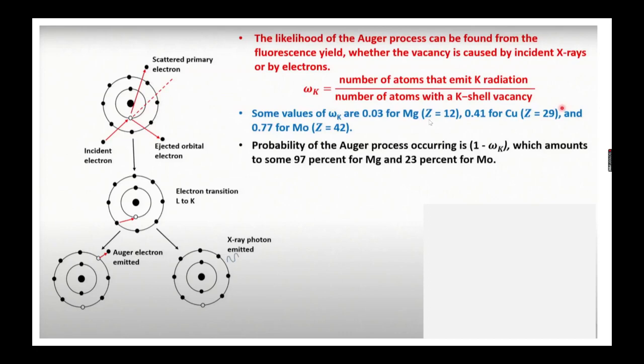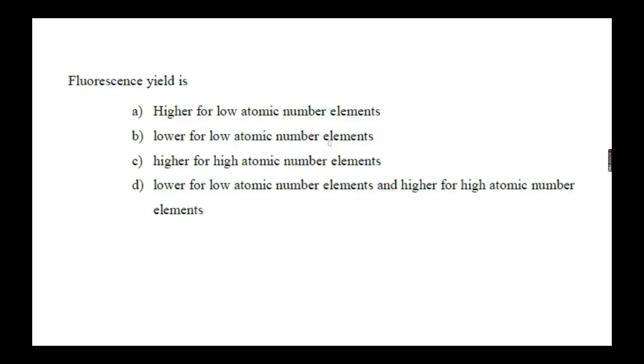The atomic number for magnesium is 12, and when we increase the atomic number, the fluorescence yield increases, say 0.03 to 0.41 to 0.77. So here you can see the lower the atomic number, the lower the yield. The higher the atomic number, the higher the yield. Someone has said it very correctly: lower for the low atomic number element and higher for the high atomic number element.